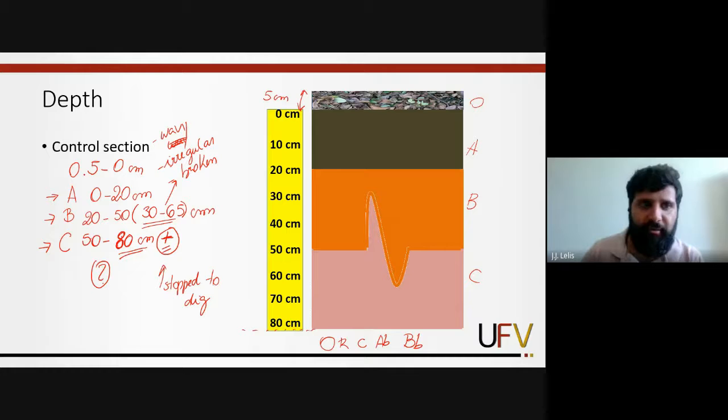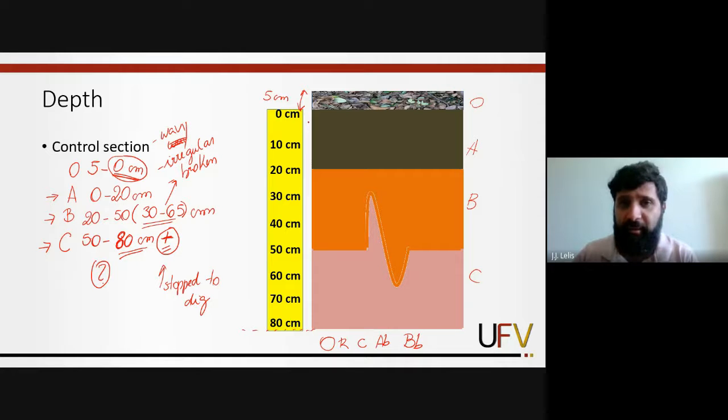I use a positive number here for the upper part, and it ends at the soil surface, at 0.